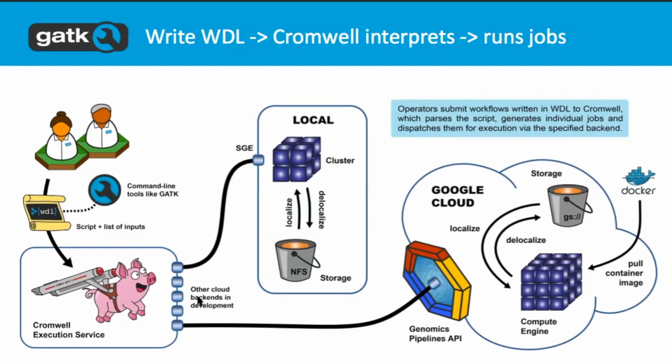So the overall paradigm is that you write a WDL, and then this WDL will run inside of the Cromwell server, and that Cromwell server has different options for a backend.